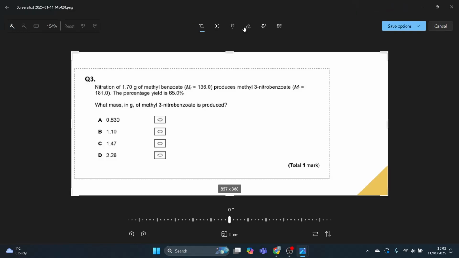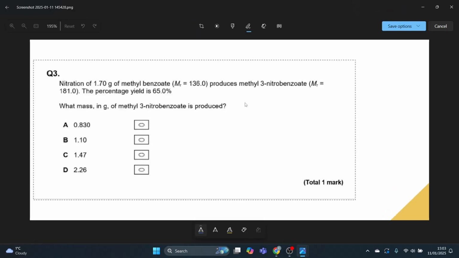Question 3. Nitration of this produced this much of that. What mass is produced? So I find out the moles of methyl benzoate, mass over Mr, and it produces this much of methyl 3-nitrobenzoate with an Mr of that. Now I want to find out the mass of that. Well, 1 to 1 molar ratio.